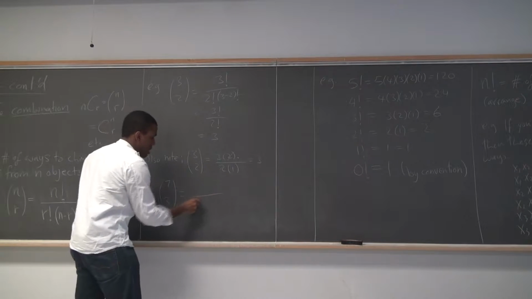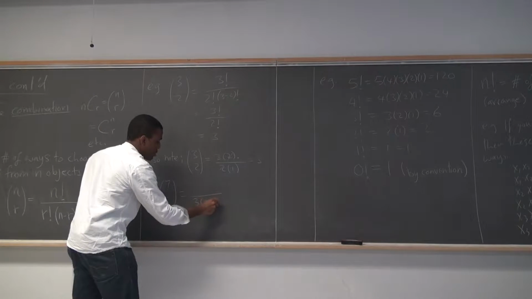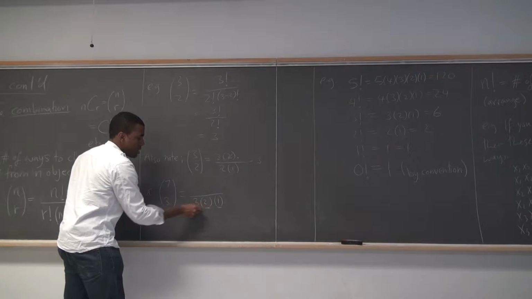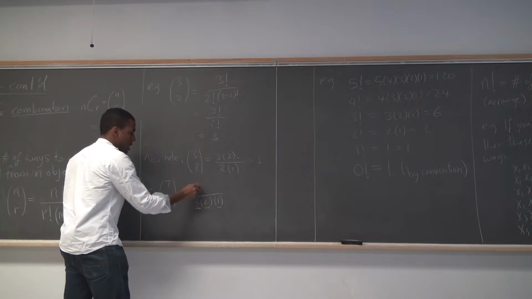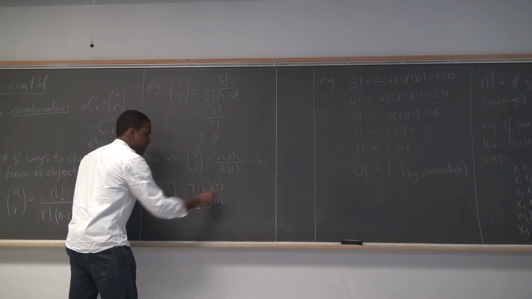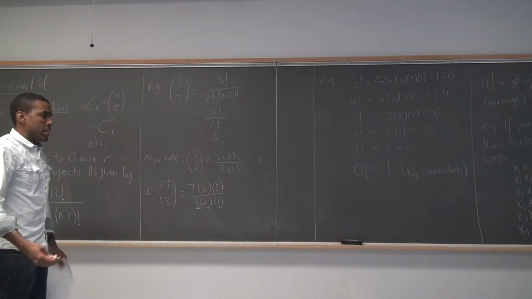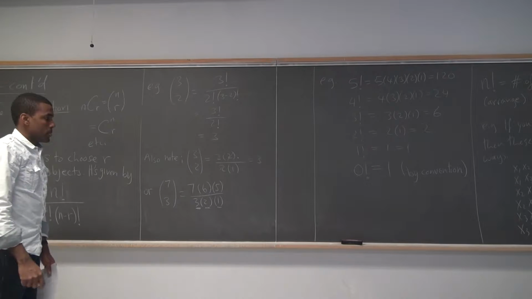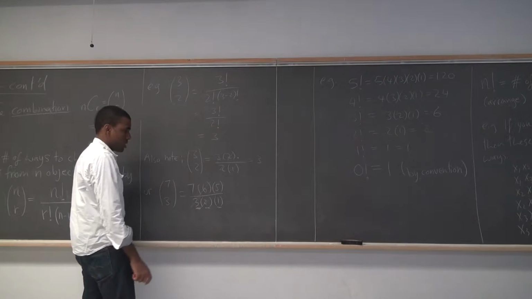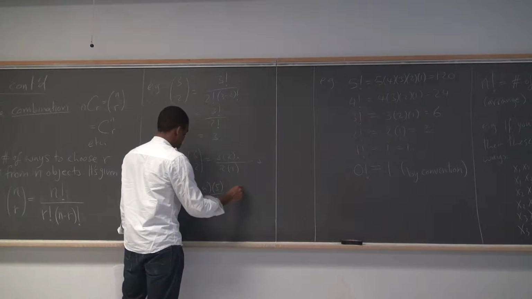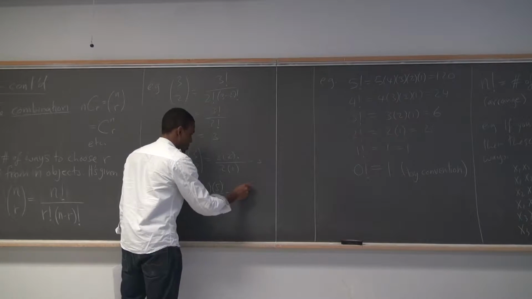It would actually be the same as taking 3 times 2 times 1. That's 3 places in the denominator. So you start the factorial for 7 in the top, but you stop after 3 places. It's actually equivalent to that one. Right? So you can say 3 times 2 gives you 6, so this is just 7 times 5, which is 35.